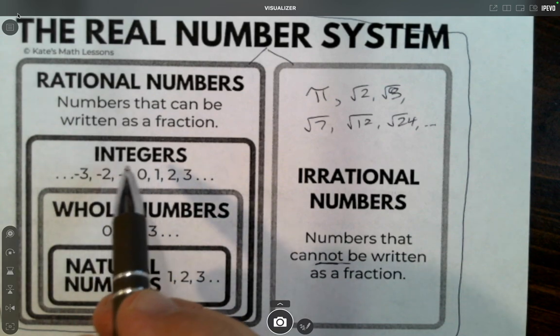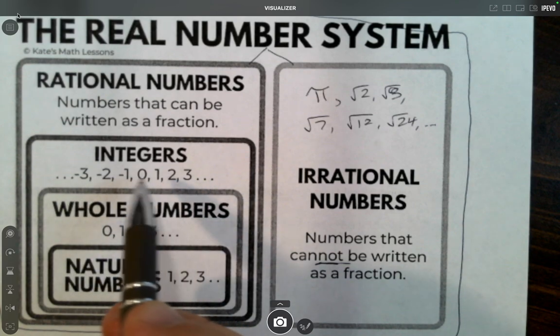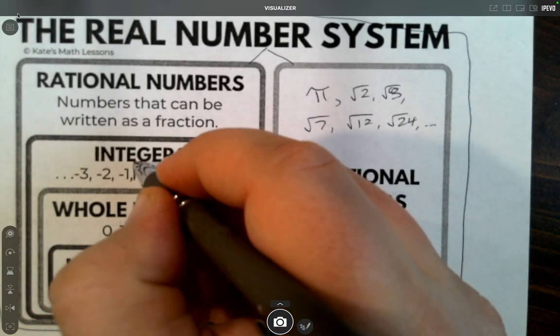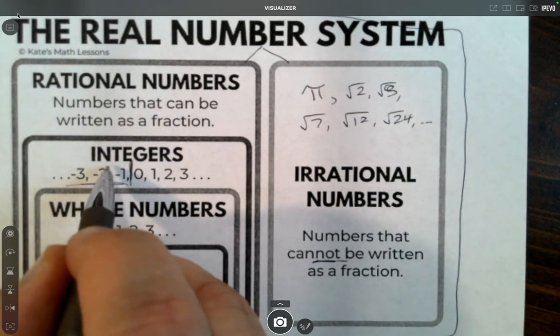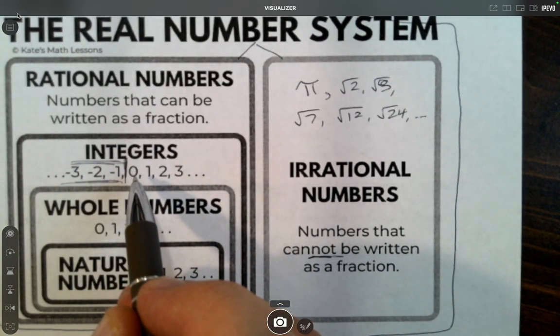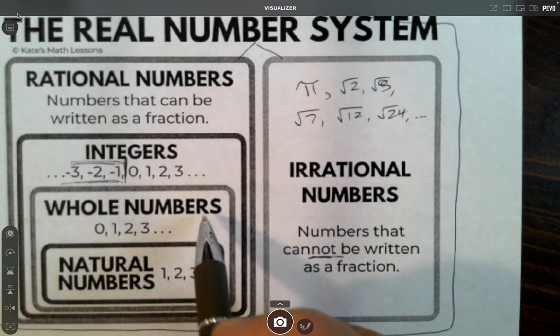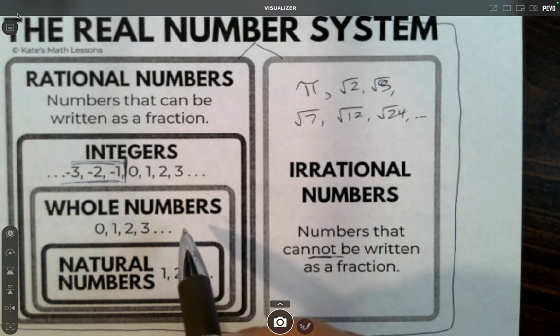But officially, integers are anything that can be written as a whole number as positive, negative, or 0. Then inside that, basically we cut it off and say, okay, let's nix out the negatives and not include them. So if we only include 0, 1, 2, 3, and on, those are what are officially called whole numbers in math.